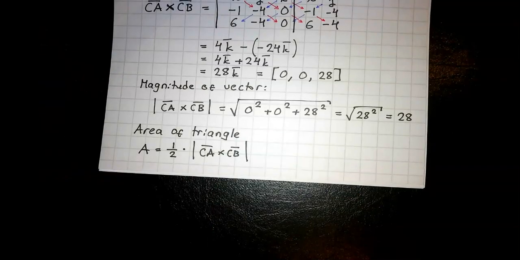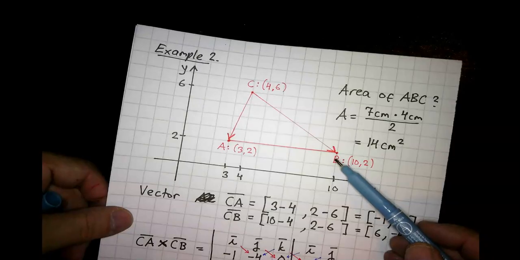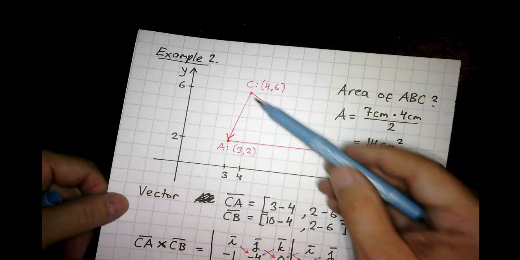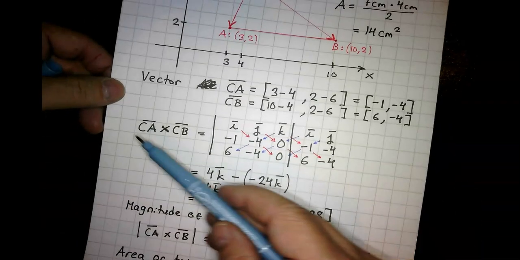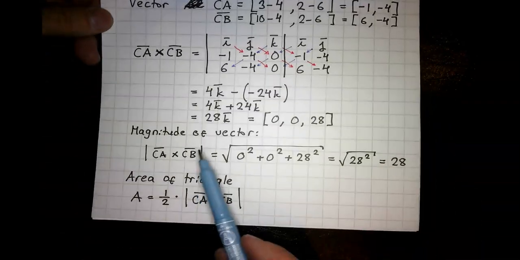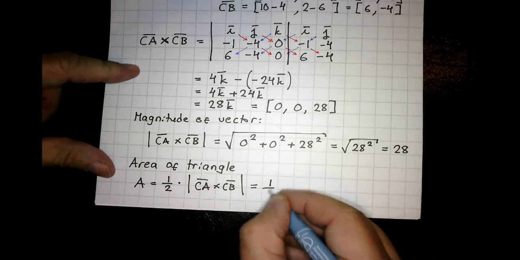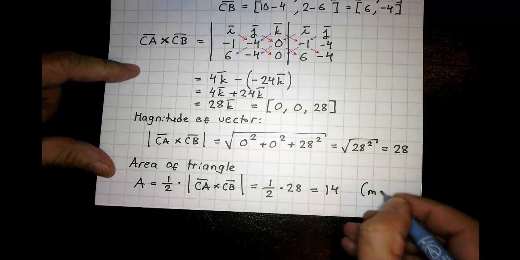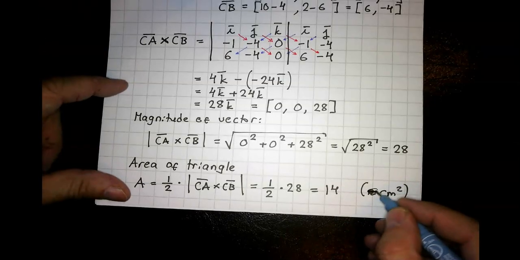So we get the cross product of those vectors which start from whatever vertex of that triangle. I choose the point C here, vectors CA, CB, and we calculated the vector product and the magnitude of that vector, and finally we take 1/2 of that magnitude. 1/2 times 28, that will give us 14 square centimeters in this example.